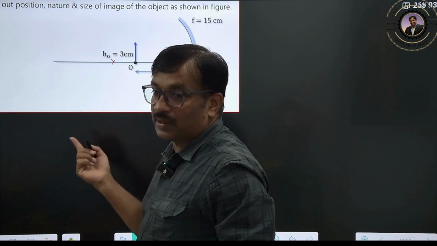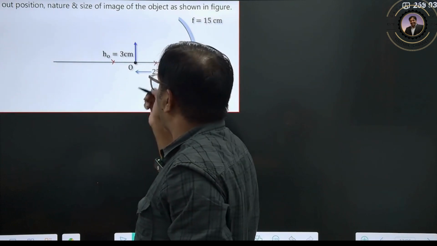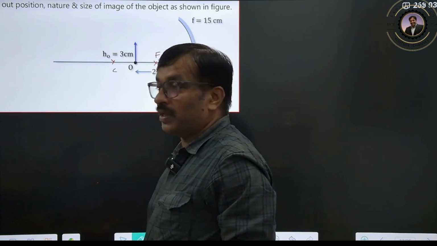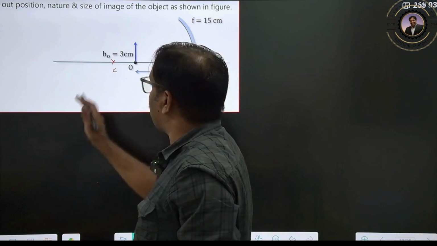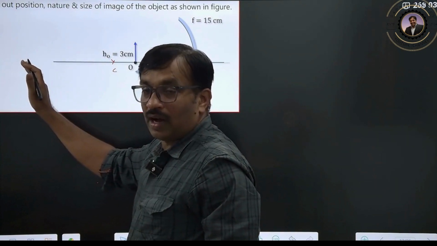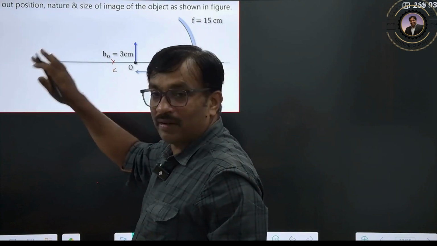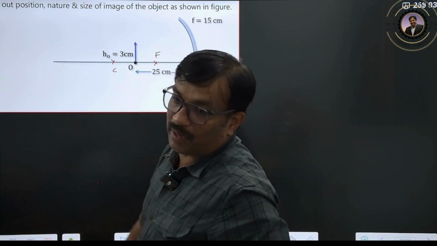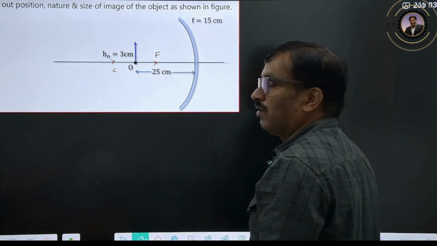That means the object is between the focus and the center of curvature. So the image will be created beyond C, and it will be real, inverted and magnified.